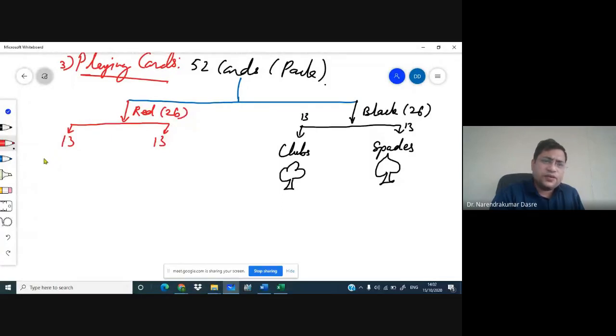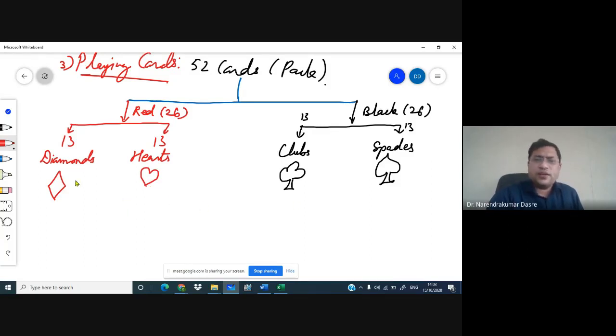So these are diamonds and hearts. For diamonds we have a parallelogram, or we can say a rhombus, and then for hearts we have a heart shape.